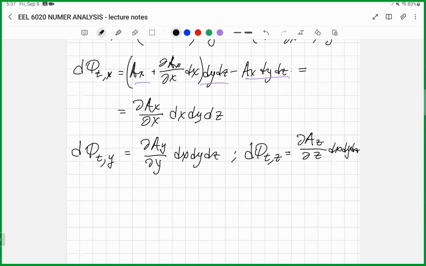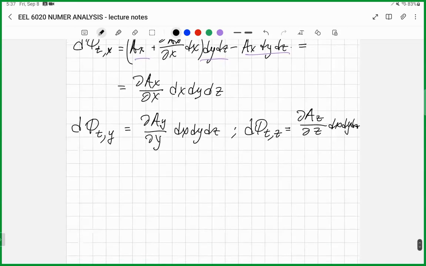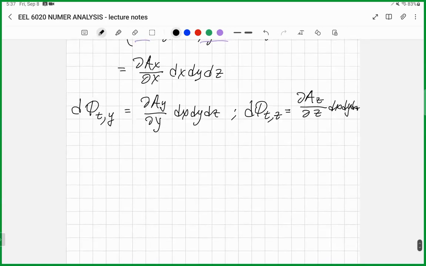Okay. And finally, the total element of the flux through an arbitrarily oriented element of volume in our field is given by the sum of these three.